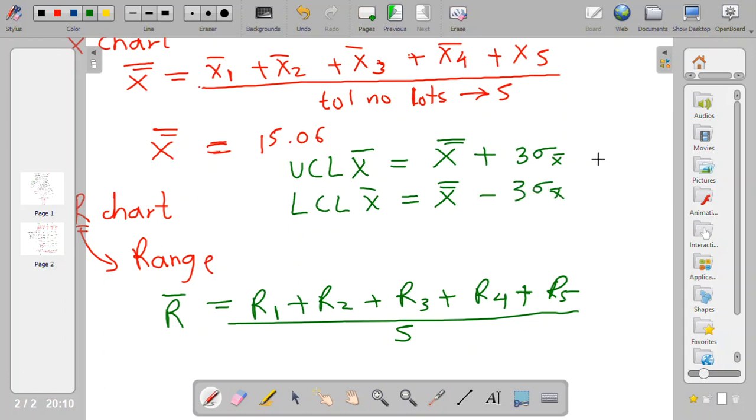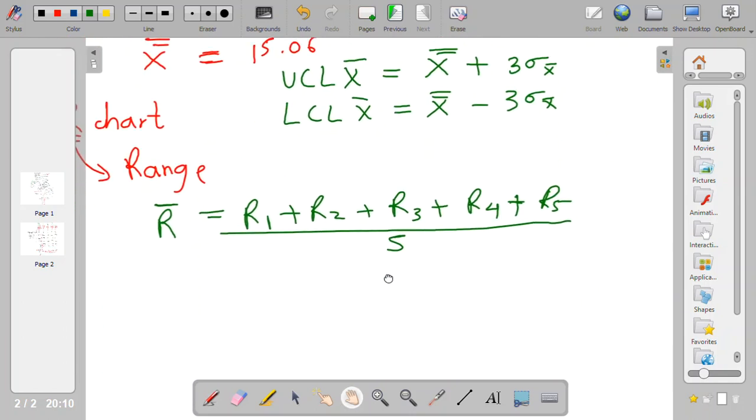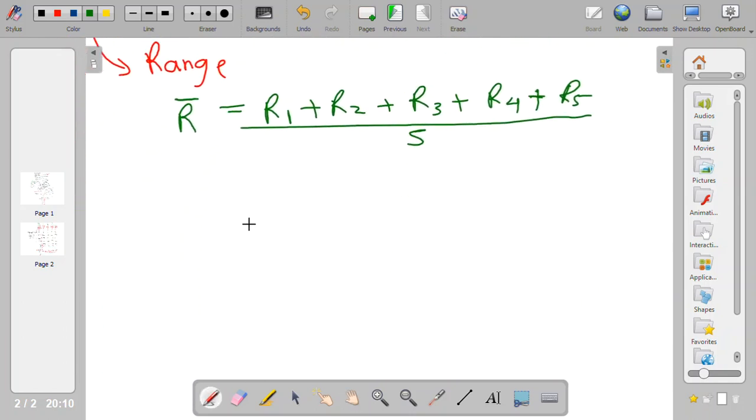One more formula I will tell you later. For the R chart also we find the upper and lower control limits. Only after finding these will we know whether the process is in control. Suppose our data falls beyond the upper control limit or below the lower control limit; the limits are D4 into R bar and D3 into R bar.